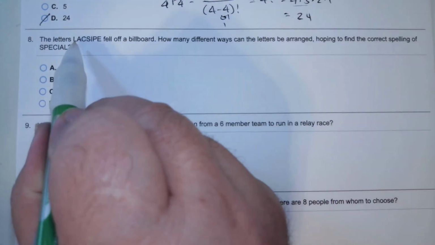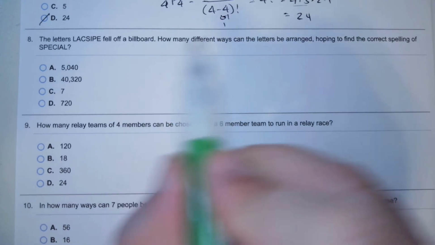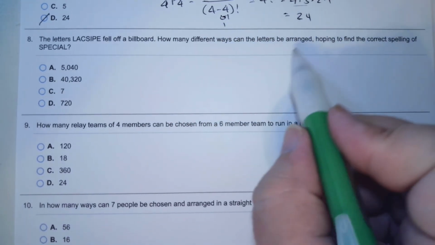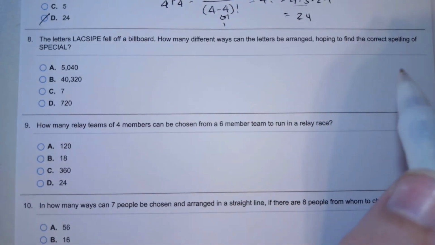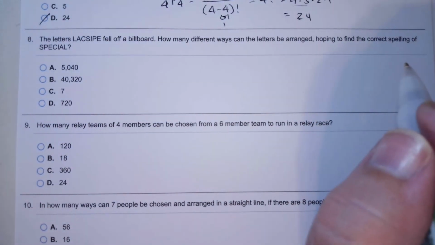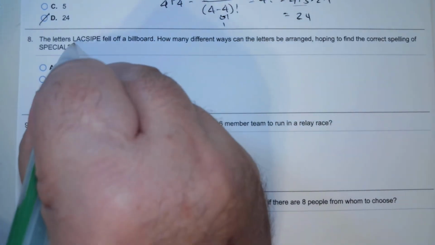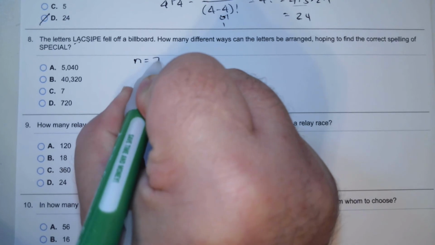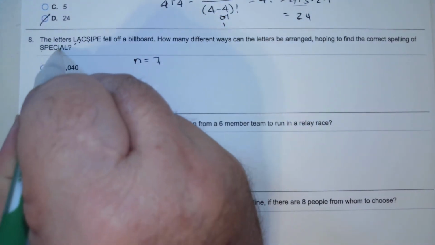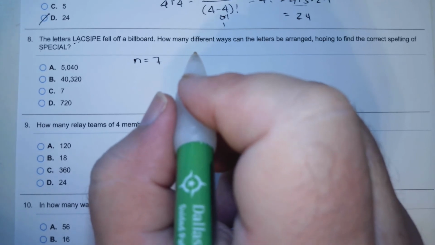The letters fell off the billboard. How many different ways can the letters be arranged, hoping to find the correct spelling of the word special? How many letters do we have? 1, 2, 3, 4, 5, 6, 7: S-P-E-C-I-A-L.